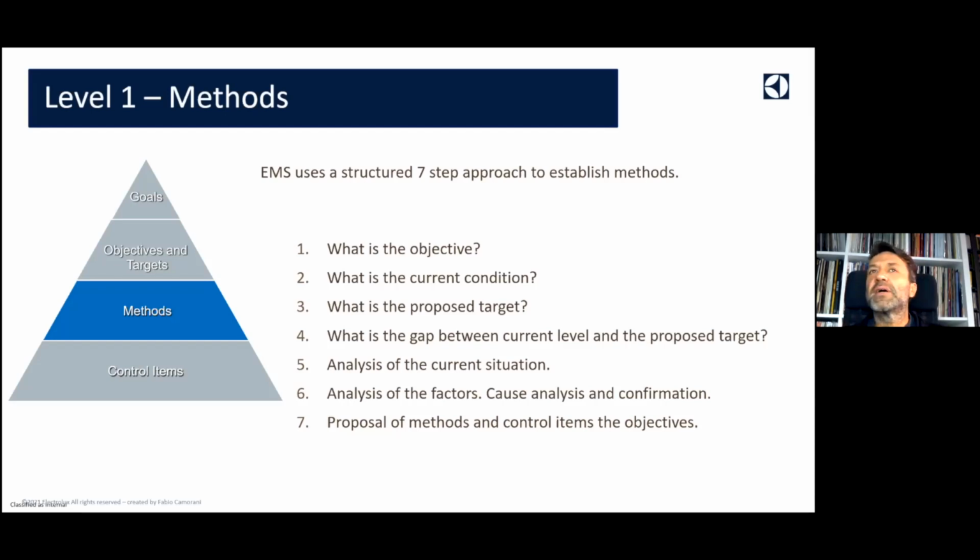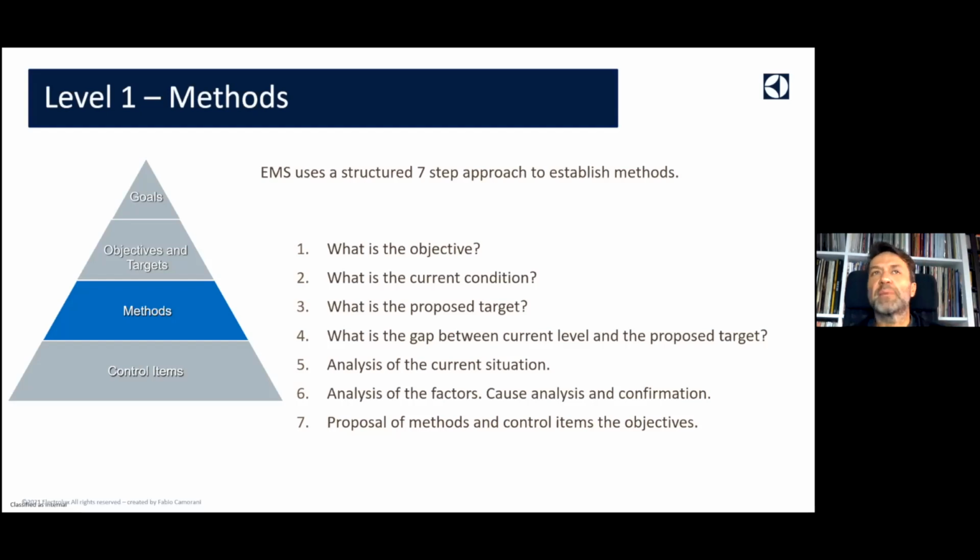Step 5, we start the analysis of the current situation. So why do we have what we have now? Step 6 is one step forward in the analysis. So we go into the factors, the causes that are impacting the current situation. Once I have the causes in my hand, I can generate the methods.